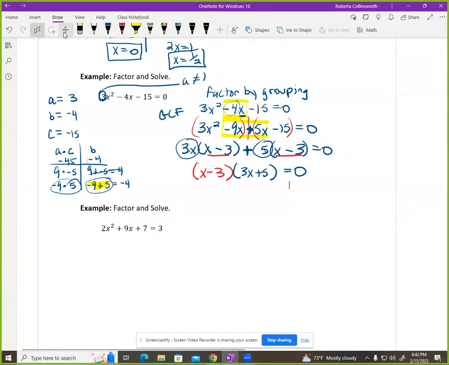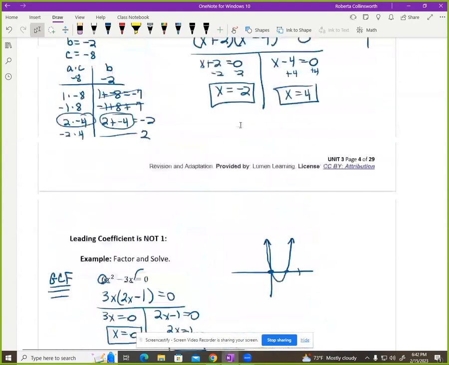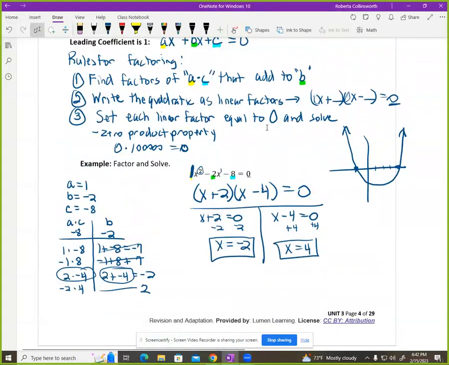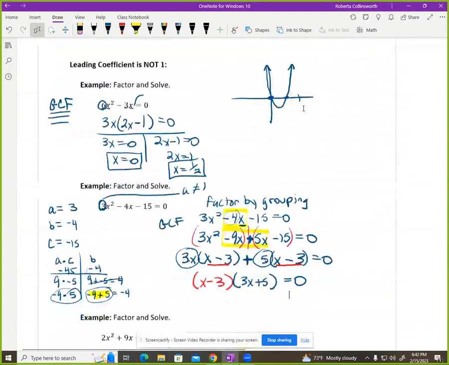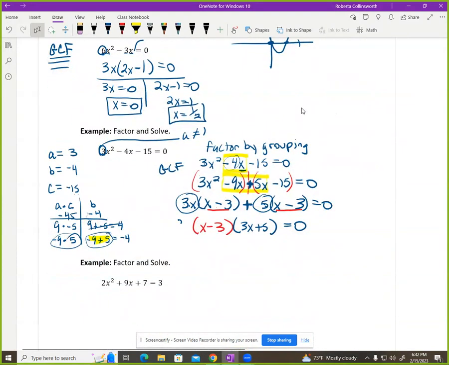Those are my linear factors. So right here it said set each linear or write as linear factors. There they are. So that's step 2. This was step 1. Now I'm going to do step 3, which is to set them equal to 0.